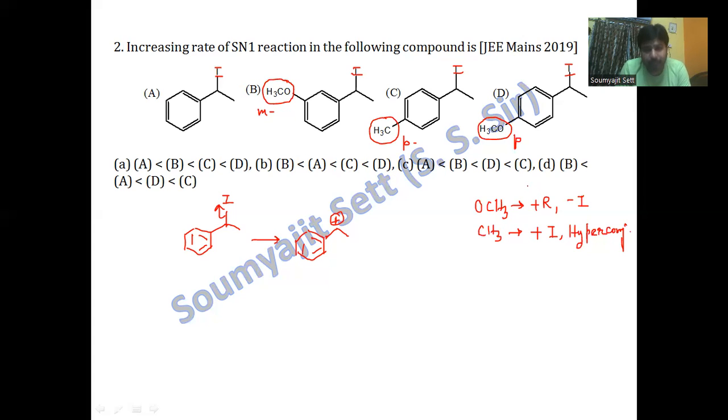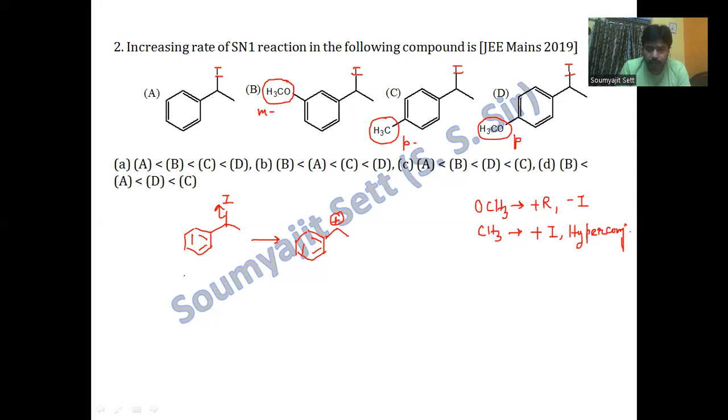But in case of the meta position, OCH3 cannot show any kind of mesomeric or plus R effect, but it can show minus I effect. Due to the minus I effect, the stability of the carbocation will decrease. So obviously this B molecule will have the minimum rate in the SN1 reaction.